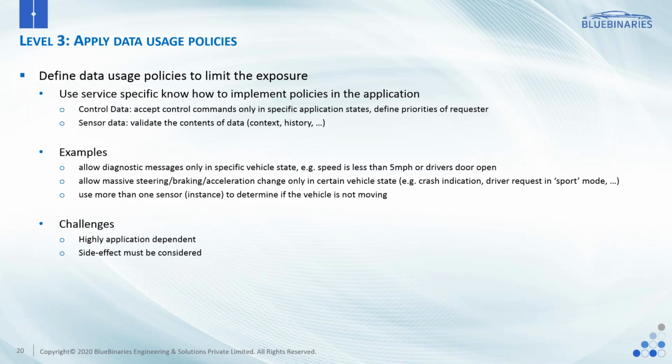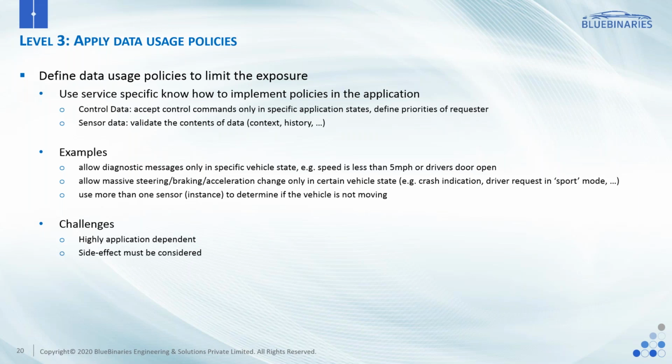You can also have a restriction where you will not allow massive steering or braking or acceleration changes when the vehicle is in certain vehicle state, or you will allow for these to happen when the vehicle is in a particular state, maybe in a crash indication or a driver request in a sports mode. Okay.